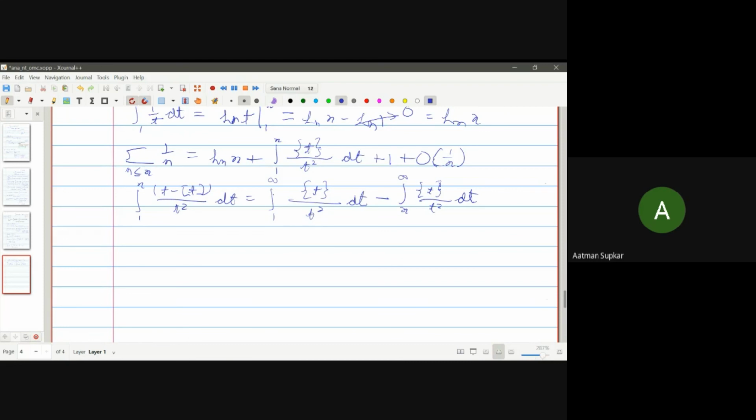In that case, we'll again use the stupid bounding of t. Oh, wait, how much is this? Yeah, this is less than or equal to 1, which implies t by t square is less than or equal to 1 by t square.